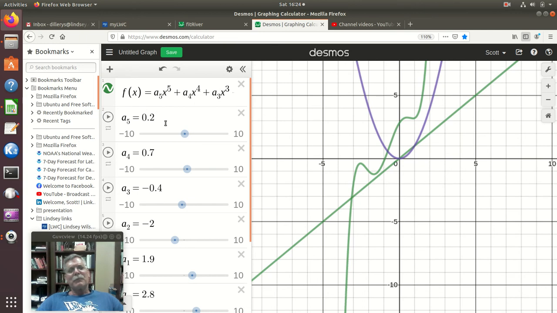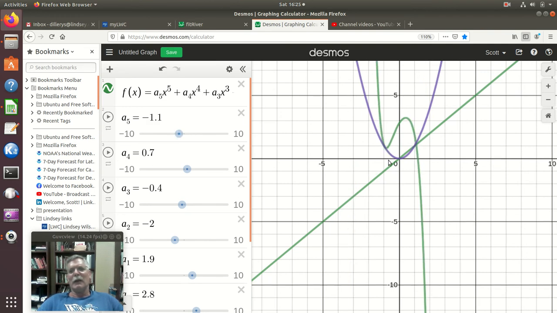So if I know what y equal x looks like and what y equal x squared looks like, and I know what the minus does on them, then all I have to do is look at my highest degree term and its coefficient, and I know basically what's going to happen on the outside part. So this one does something like this. If I make this negative, it's going to switch, this one heading down, this one heading up. So I come over here, I make it negative, and sure enough, that's what happened.